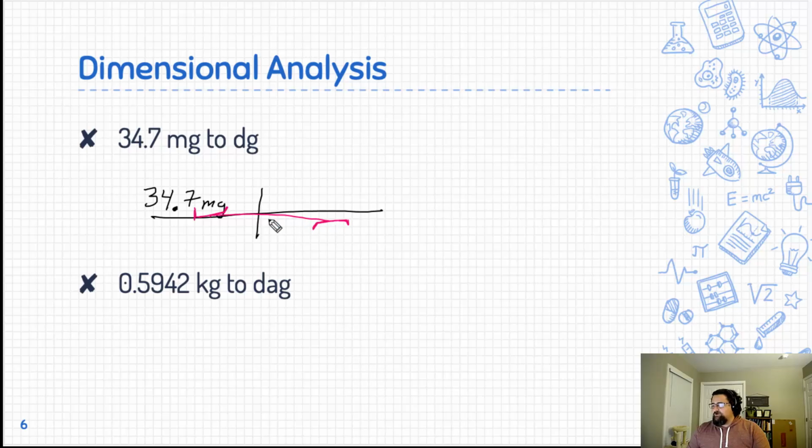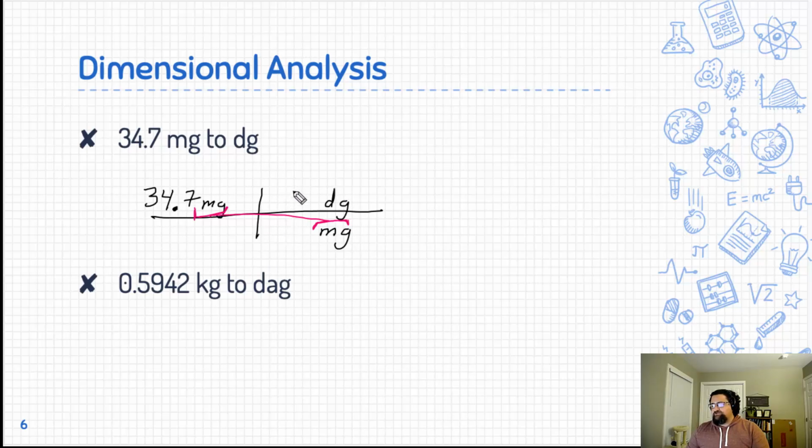So if we're in milligrams on the top left, we need to be in milligrams on the bottom right. We're not going to put any numbers in, just the units on the right-hand side right now. And then the top is whatever we're converting to, in this case, decigrams. And so now we're set up.